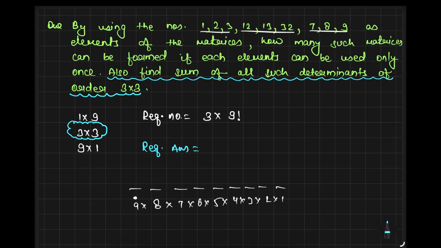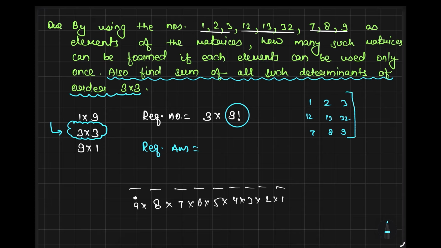So first try to understand that in this case you will have 9 factorial matrices, correct? And you have to find the determinant of all the 9 factorial matrices and add them. Now suppose this is one of the matrices: 1, 2, 3, 12, 13, 32, 7, 8, 9.